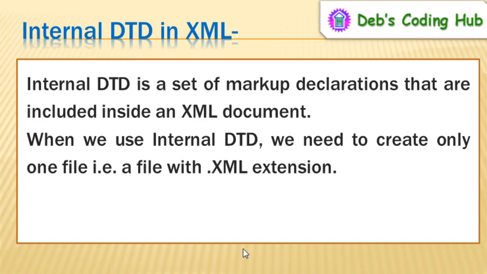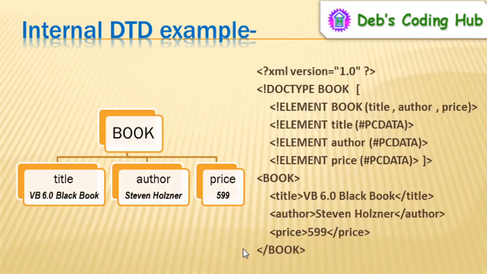Let us see how we can create an XML document with an internal DTD. So this is the familiar document structure of XML. We have book information in the form of book as the root element, and three pieces of information are given: title of the book, author of the book, and price of the book.